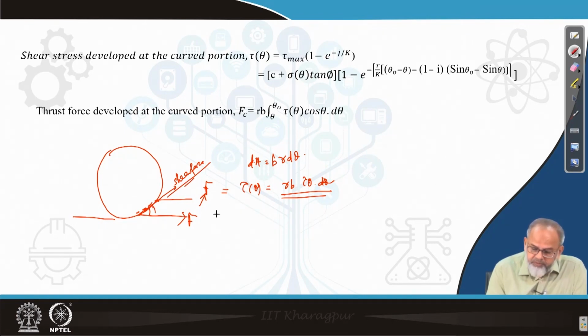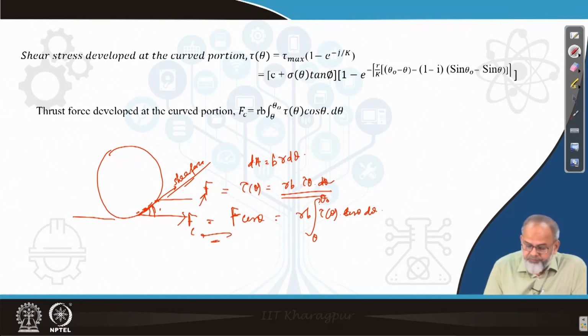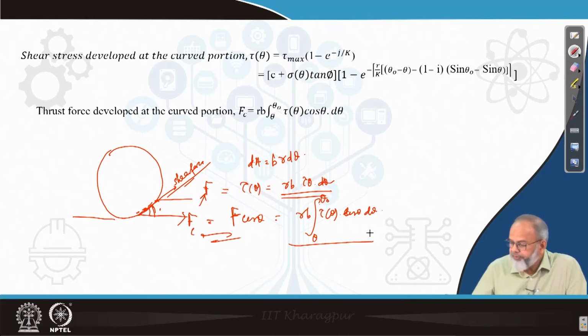The horizontal component will be F cos theta, so this has to be multiplied: r B tau theta cos theta d theta. This has to be integrated from theta to theta 0, depending on in which area you are interested to find out the thrust force. So this will be the expression for finding out thrust in case of a pneumatic wheel when it is behaving like a rigid wheel, that means it is moving in a rigid mode.